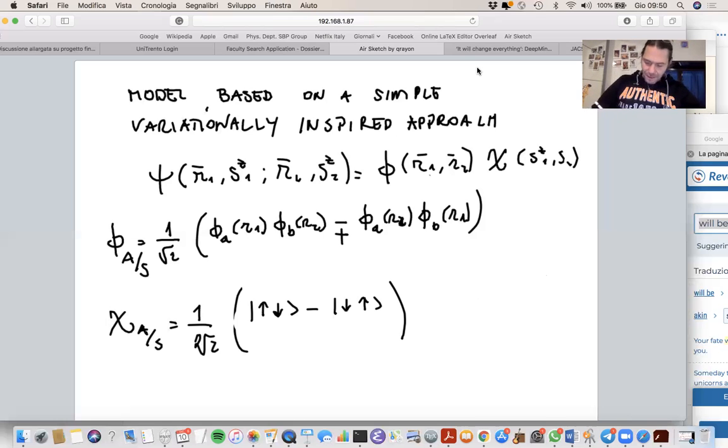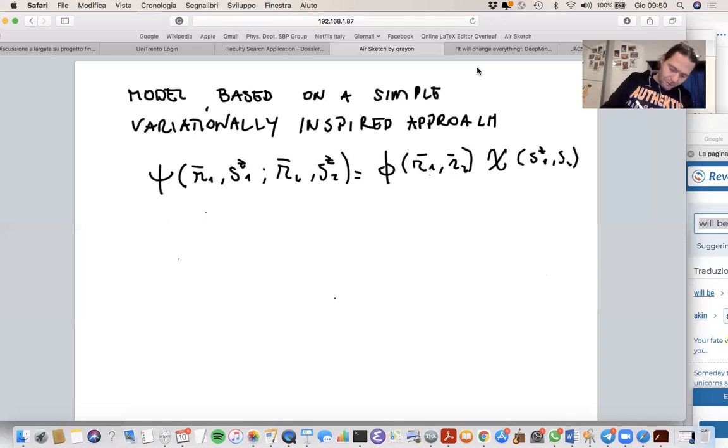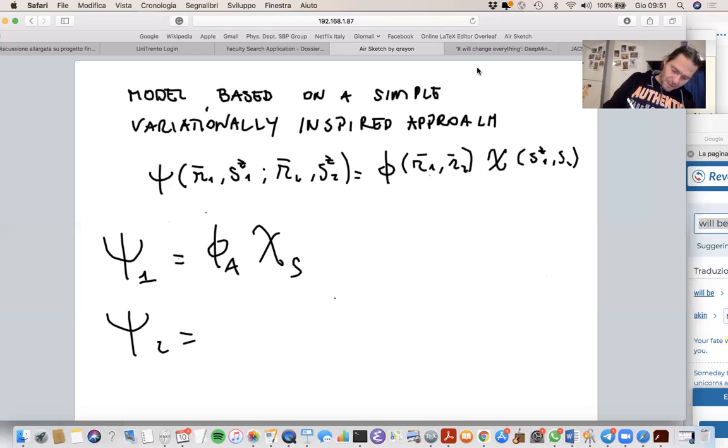Once I've defined this, my variational space in this very simple model has just two possible choices for the total wave function. Possibility 1 is that I choose the antisymmetric and the symmetric, and possibility 2 is that I choose the symmetric and the antisymmetric.